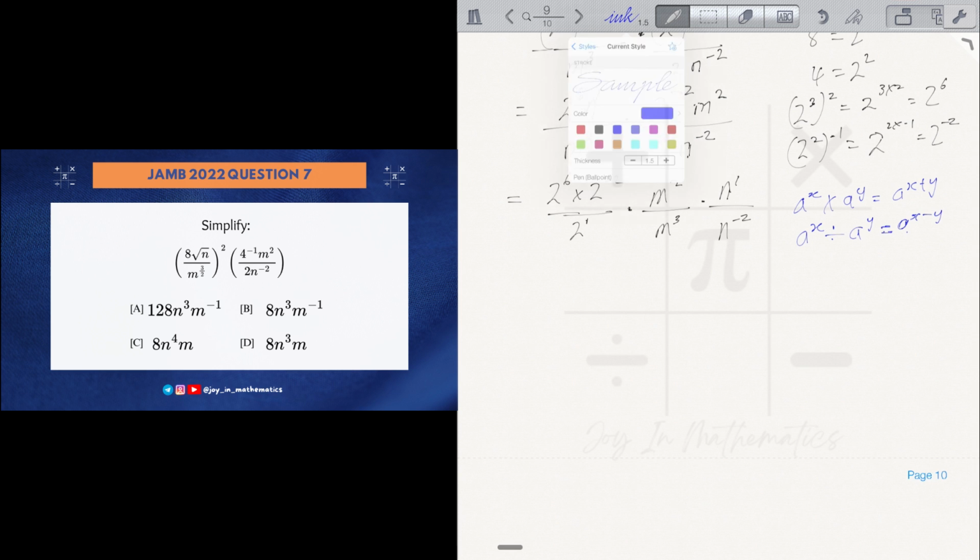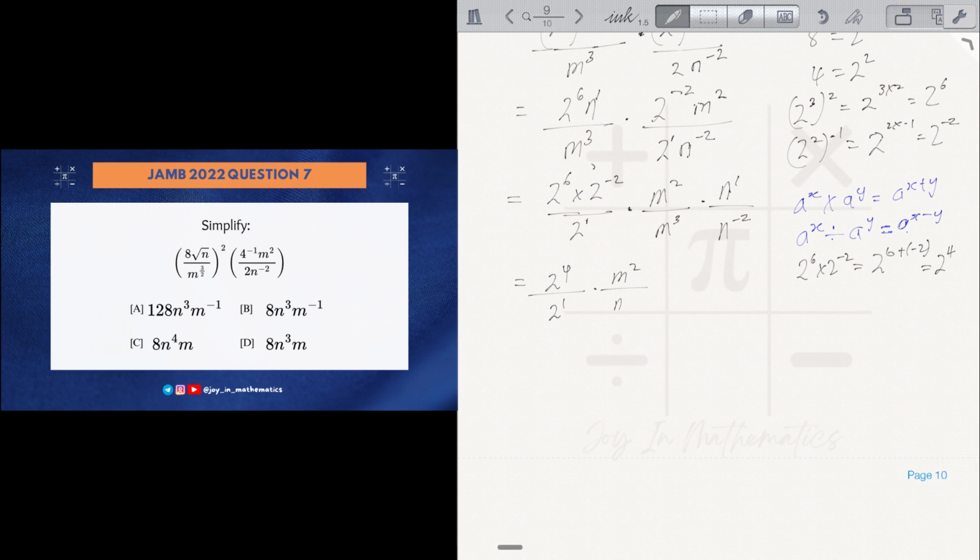So let's begin. 2 raised to the power of 6 multiplied by 2 raised to the power of minus 2 will give us 2 raised to the power of 6 plus minus 2, which is 2 raised to the power of 4, divided by 2 raised to the power of 1, multiplied by m raised to the power of 2 over m raised to the power of 3, n raised to the power of 1 divided by n raised to the power of minus 2.